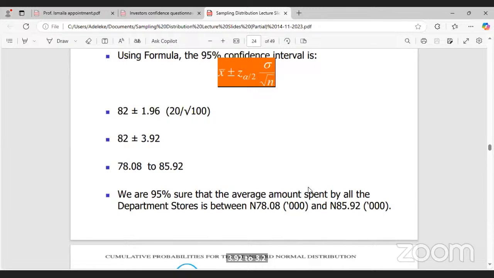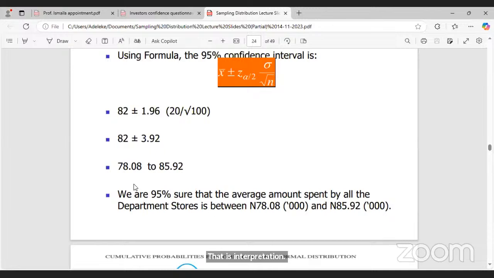It says that the average amount spent at the department store by customer is between 78,000 and 85,000. So which means that customer that goes in there spend minimum of 78 on the average and maximum of 85. That's the interpretation of the confidence interval.